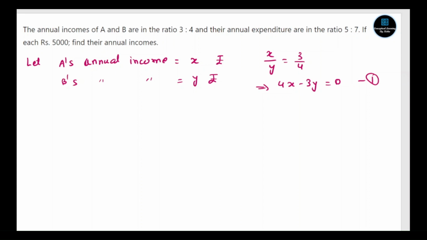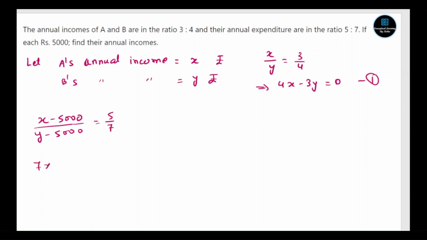Now their expenditure, if each has 5,000 and the ratio becomes 5 to 7. So what I'll do, I'll just subtract 5,000 from each of them and the ratio becomes 5 to 7, right? And then when I simplify this, what do we get? Let's simplify.